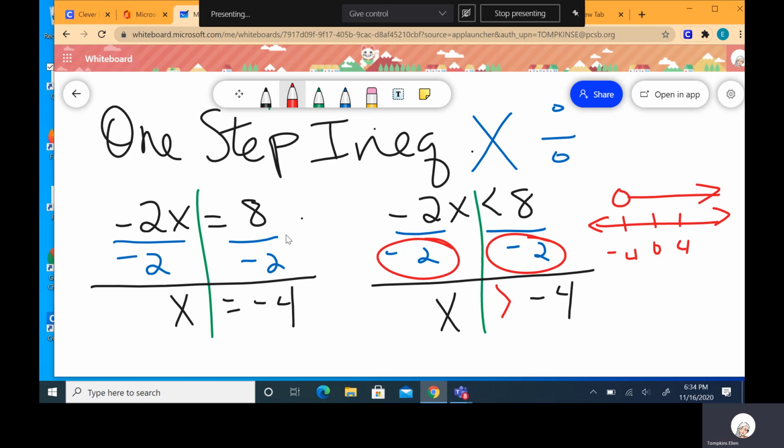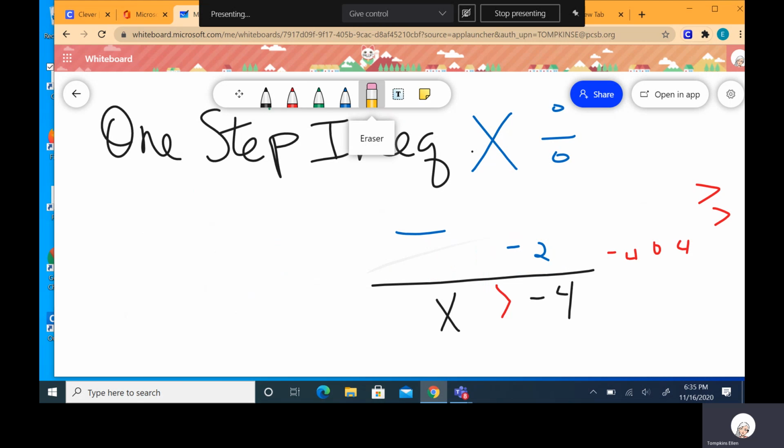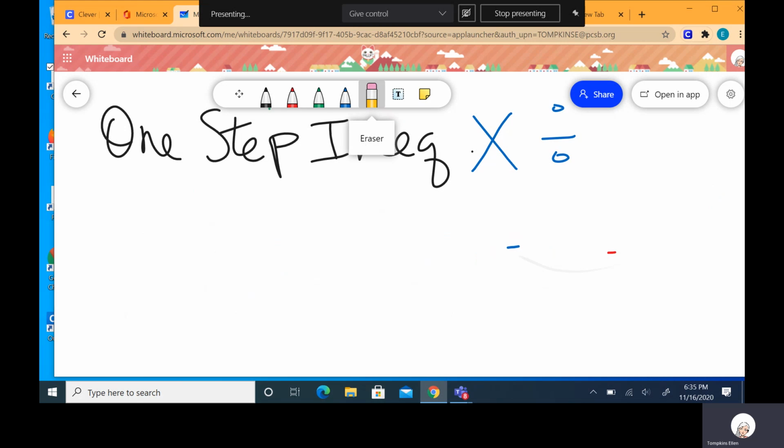Okay, that is for multiplying and dividing. Positive, you just roll right through it. Negative, he flips the signs. Let's look at a division problem so you can see what that looks like again. If I have a over 7 equals 3.